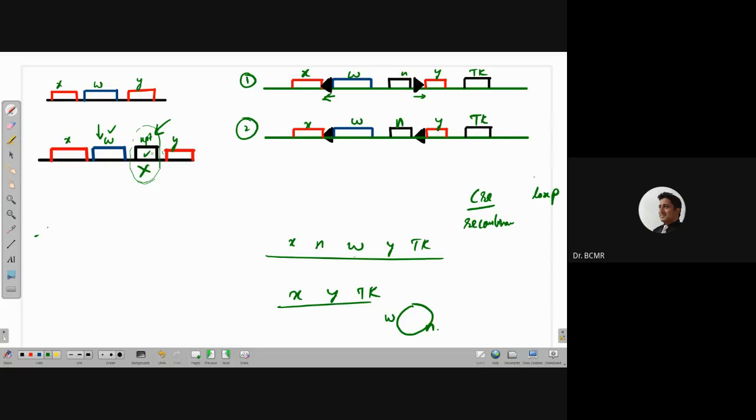It should be put in the same orientation like this, right? But look at the placement. If you put it here between W and N, then we are getting the deletion of W. We only want deletion of NPT. So what we must actually do is place this somewhere here.